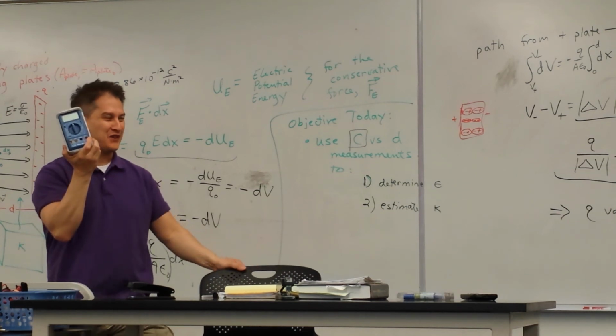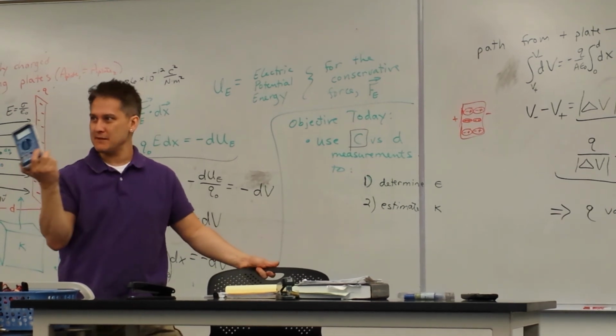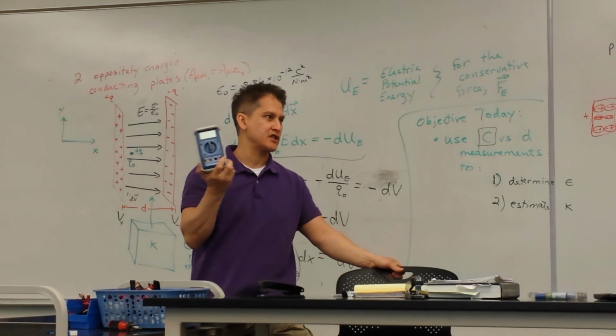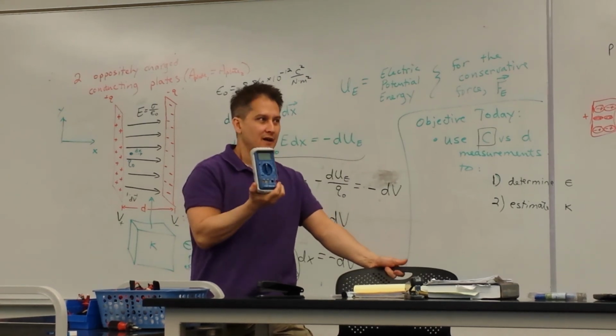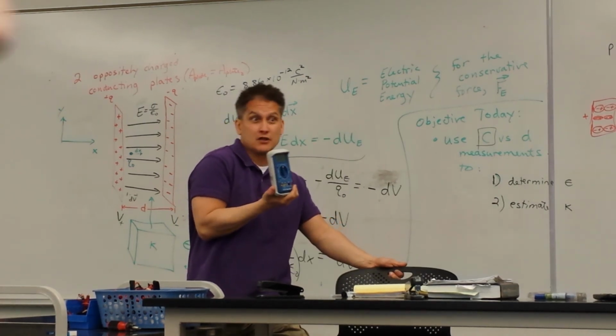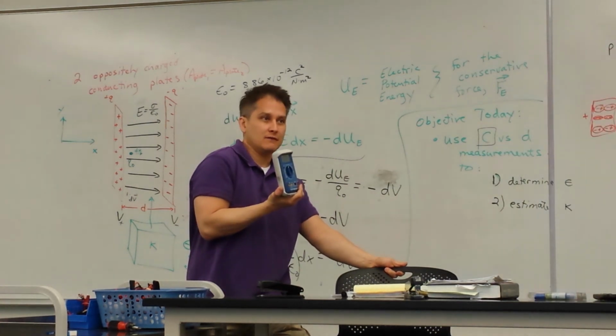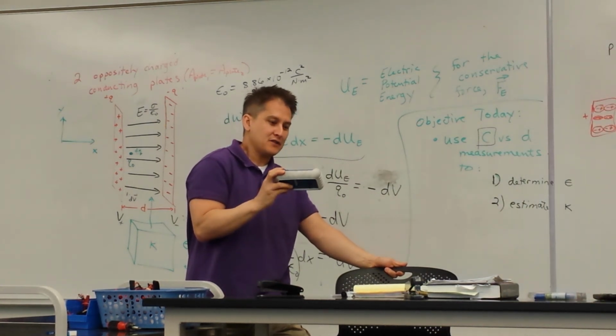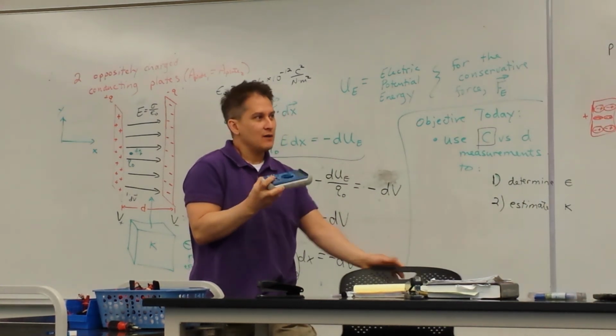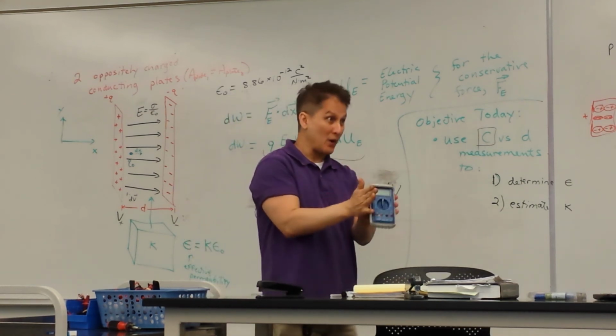But we're going to use a little device. It's a multimeter. This is a typical electrical device any electrician or electrical engineer ends up using. It measures voltage, it measures current, it measures resistance and other circuit properties. But certain ones, not all of them, will actually measure capacitance directly.